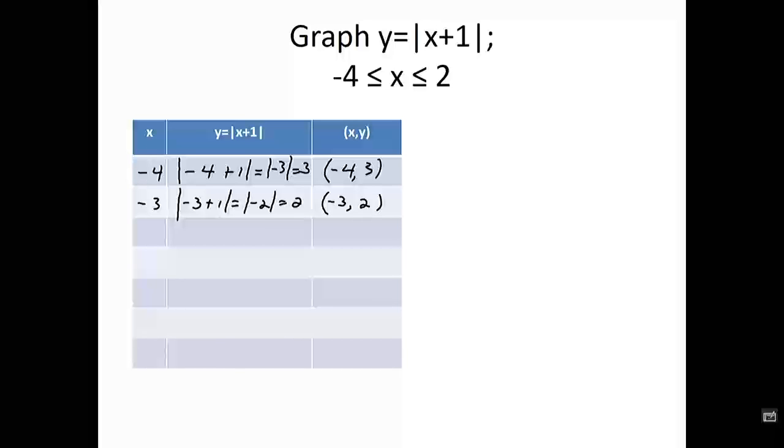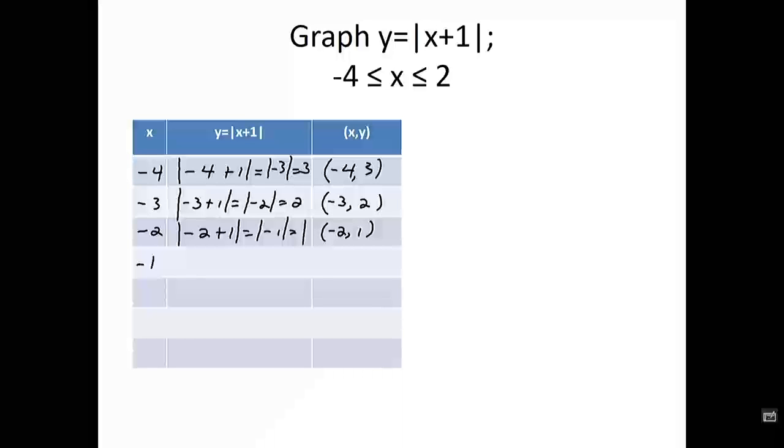The next x value is -2. When x is -2, we have -2 plus 1 is equal to -1. The absolute value of -1 is 1. The corresponding ordered pair is -2, 1.